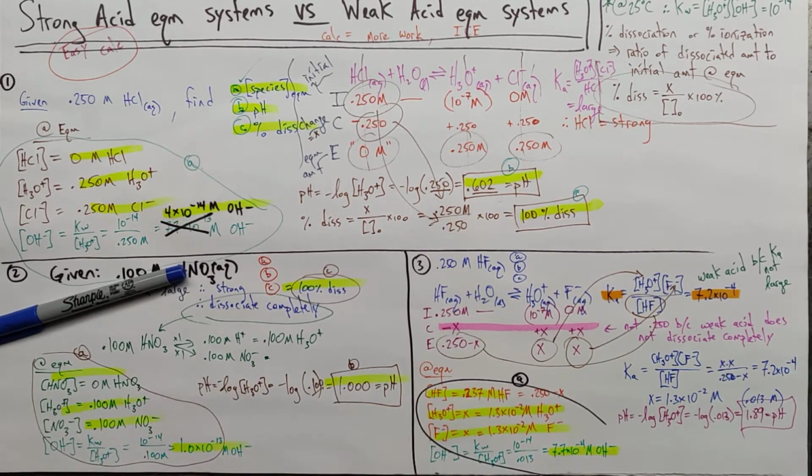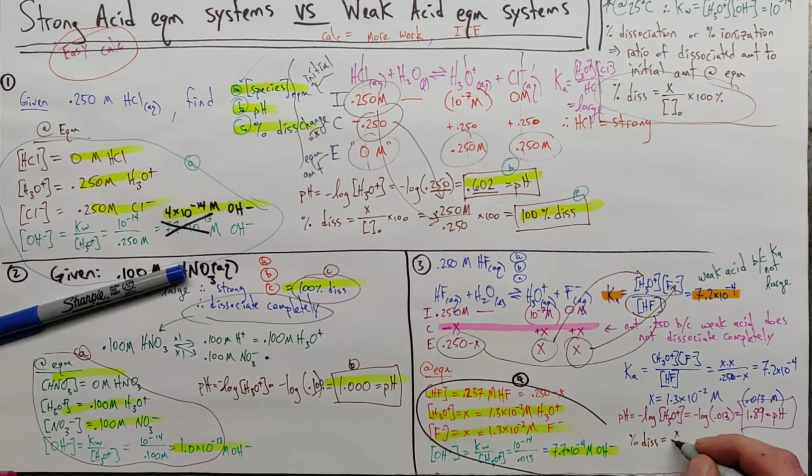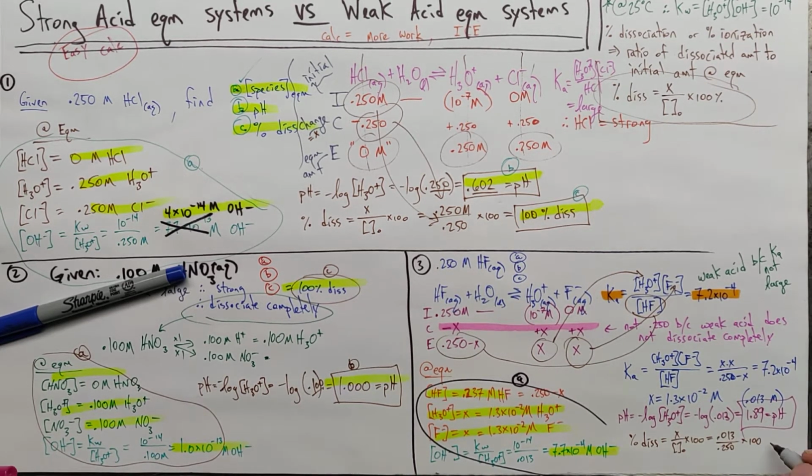And then the last step here, trying to get that percent dissociation, is supposed to be x over the initial concentration times 100. Our x is 0.013 over our initial concentration, which is 0.250, times 100, and we end up with 5.2% dissociated. Or percent ionized, depending on who you're talking to.